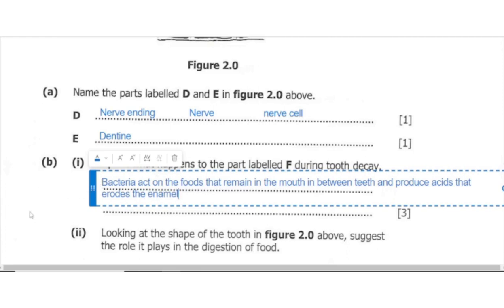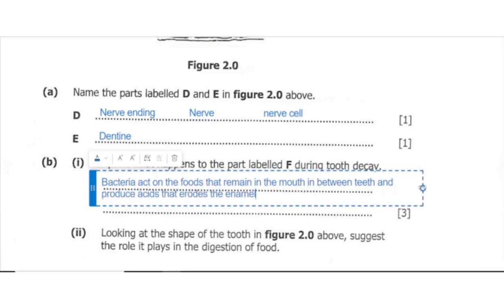Okay, so the bacteria act on the foods that remain in the mouth in between teeth and produce acid that erodes the enamel. So basically this is what happens. When you eat the food, not all the food is swallowed, more especially the small particles that go in between the teeth.